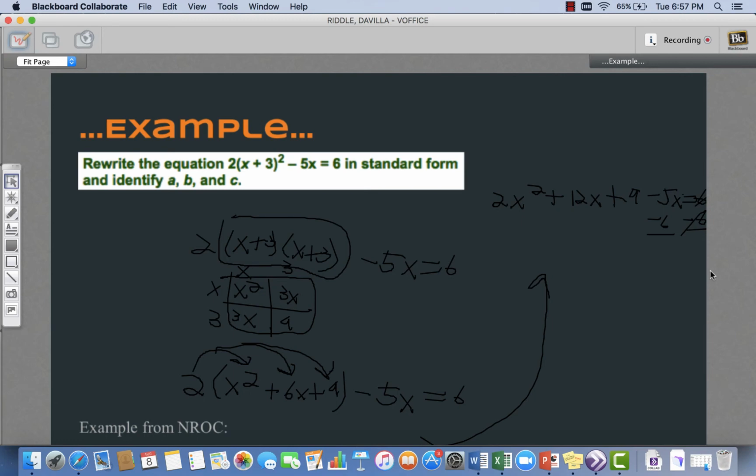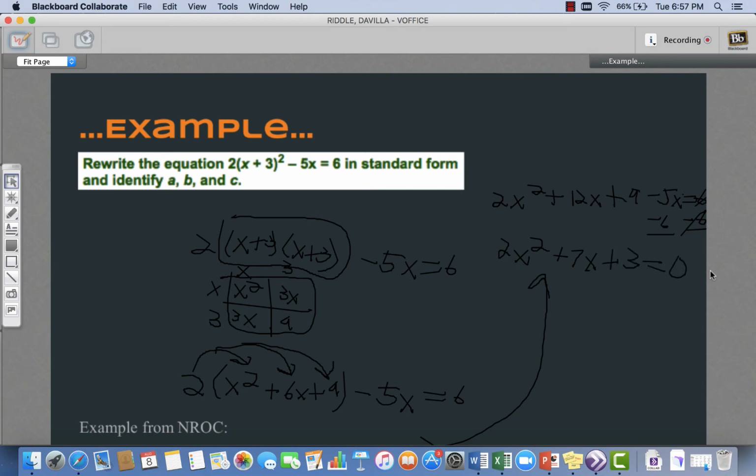There's really nothing else besides the 2x squared, so I'll just leave that as 2x squared. Dealing with the x's, we have a 12x and a negative 5x here. So we can put that as 12 minus 5, which is going to be 7x. And with the numbers without the x, we have 18 and negative 6. So that would turn out to be 12 equals 0.